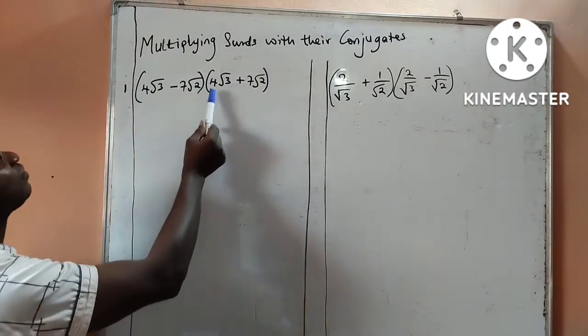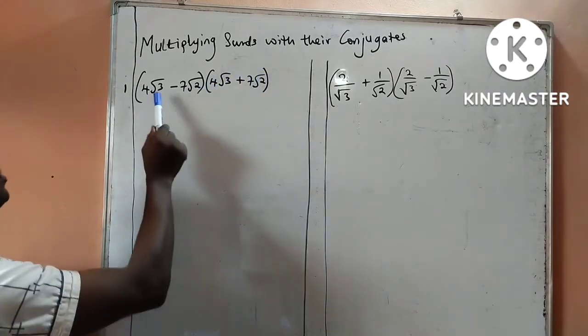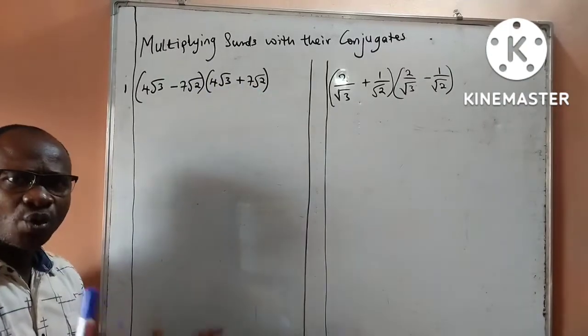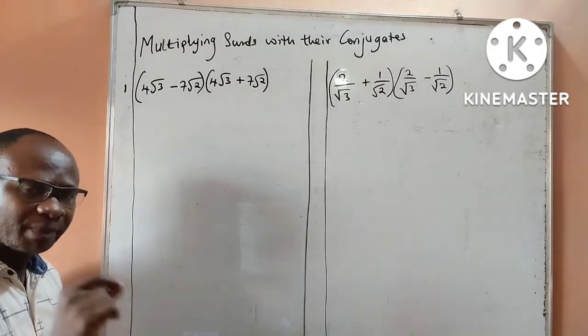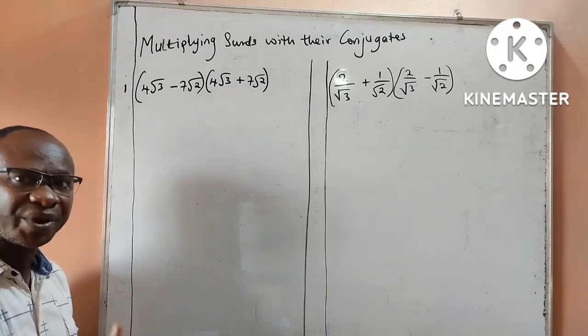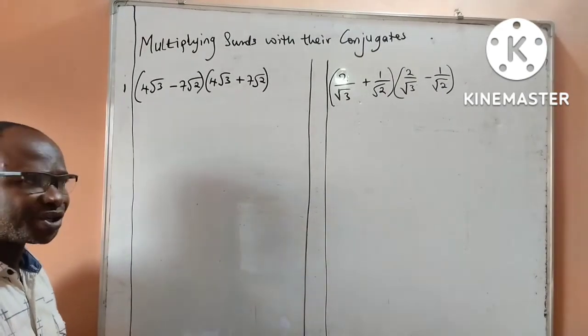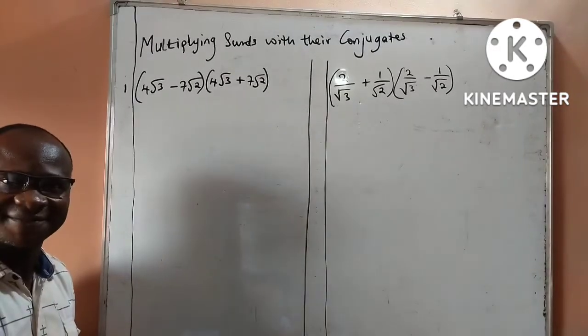So we have 4 root 3 plus 7 root 2. We are multiplying this surd by its conjugate. We want to see what the result will be, so that we can continue using it each time we see it without having to go the rigorous way of opening the brackets.